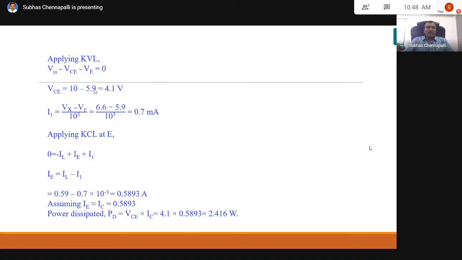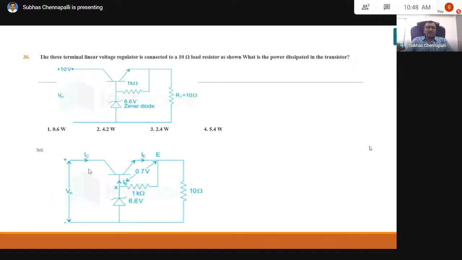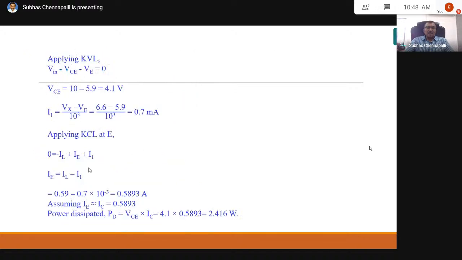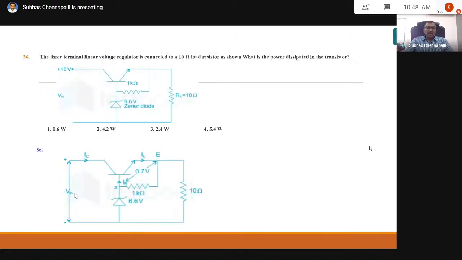Applying KVL at the input, VI is equal to VCE plus VE, where VE is the voltage across the load that I am calculating.